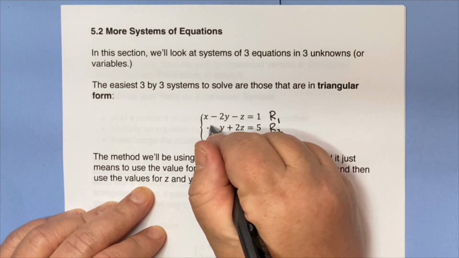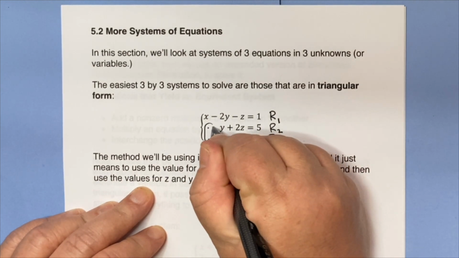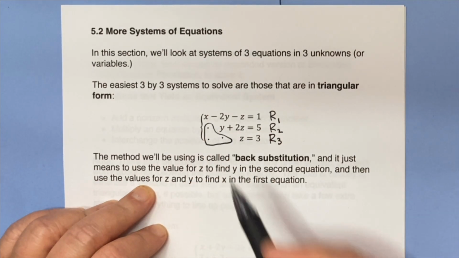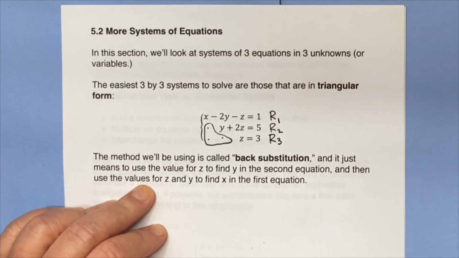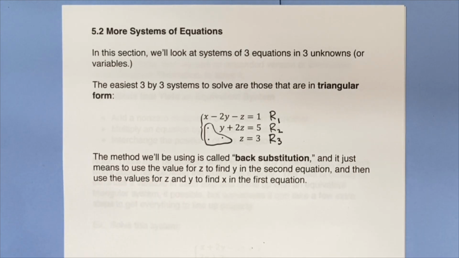And that makes a little triangle. Now, to be honest, I'm not sure whether this is the triangle or this is the triangle, but regardless, this is called triangular form. And this makes the world so much easier.